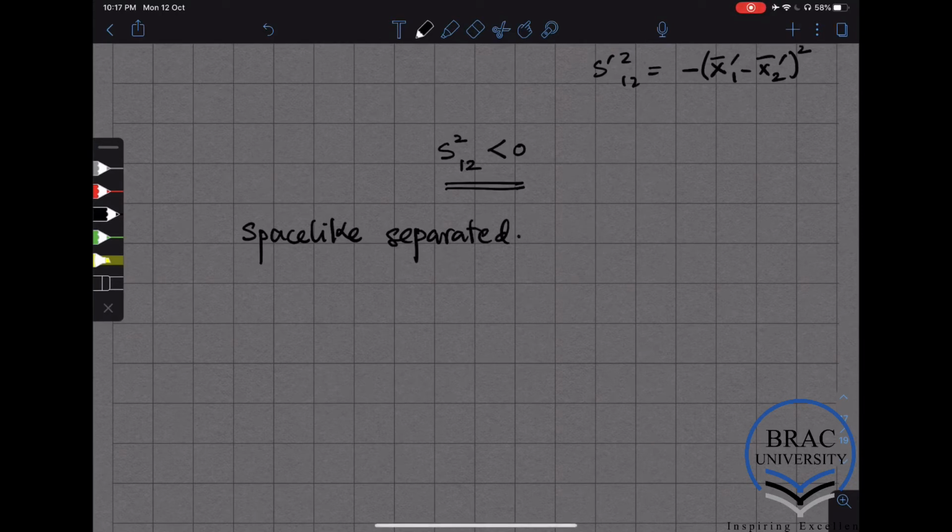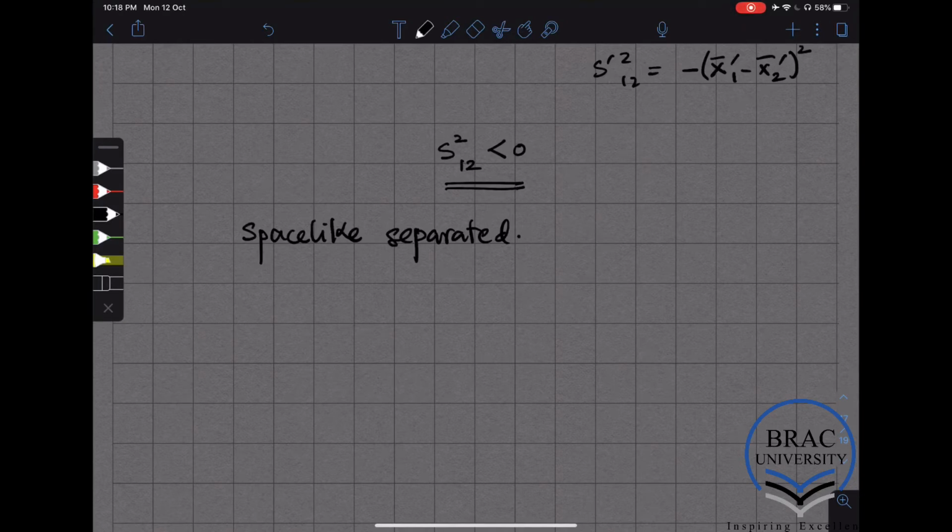And points which are space-like separated are such that you can always find a reference frame in which those points happen at the same time, that they are simultaneous.